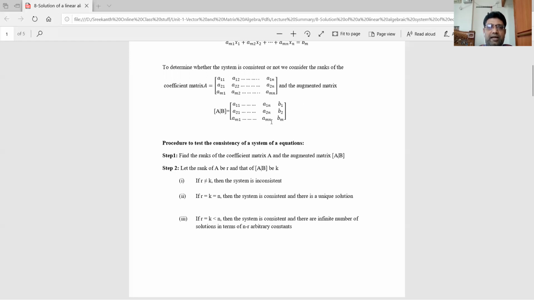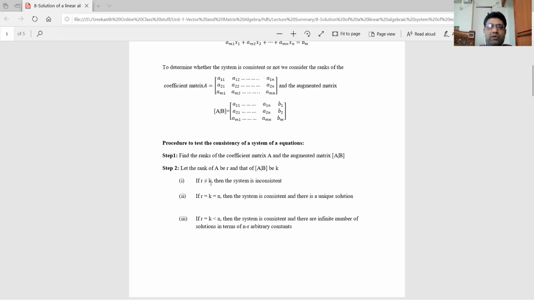Let us suppose that the rank of the coefficient matrix is R and that of the augmented matrix is K. Whenever the rank of the coefficient matrix is not equal to the rank of the augmented matrix, we say that the system is inconsistent. Inconsistent means the system doesn't have any solution.